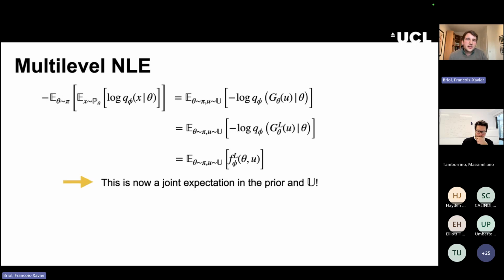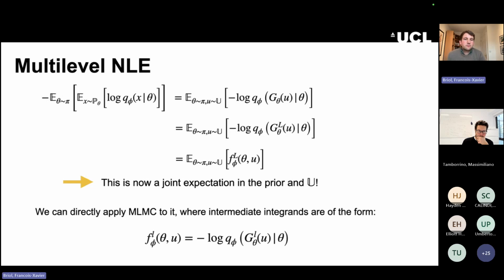And then I just have a joint expectation in theta and u of this quantity, which I'll just call FL. Now if I have different levels of fidelity, I could similarly define f small l as this quantity with a slightly different generator, maybe more approximate. And so it should become very obvious that it's pretty direct to apply multi-level Monte Carlo.